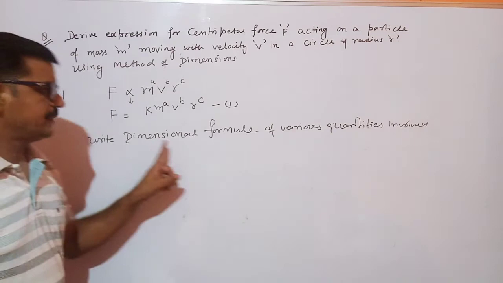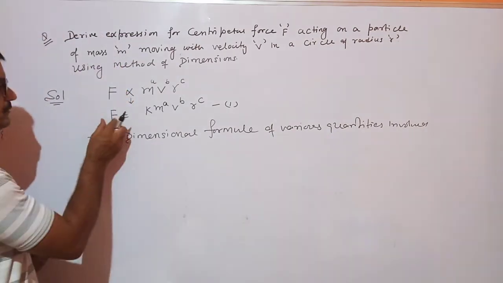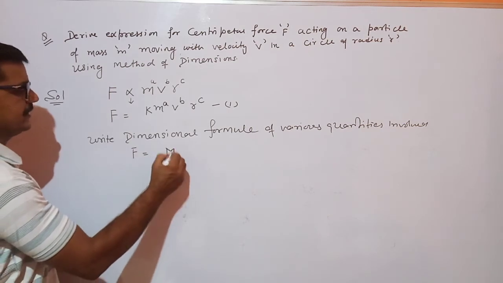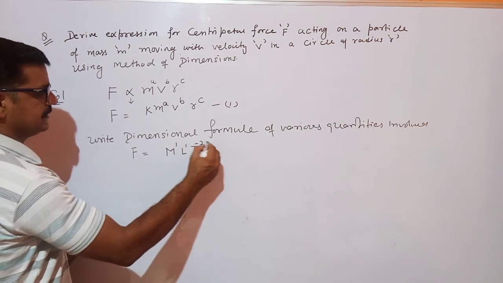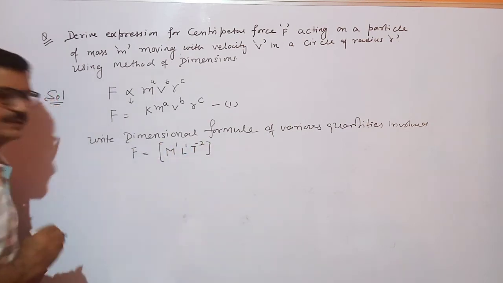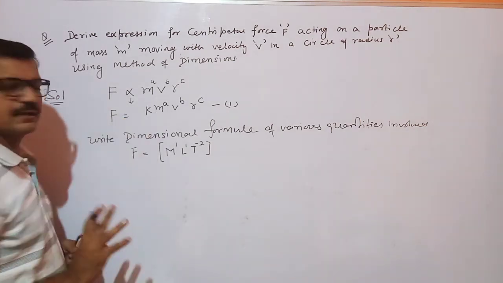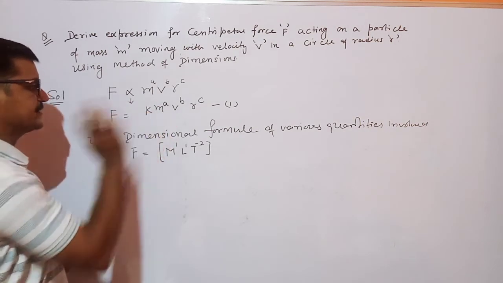So write the dimensional formula of various quantities involved, and you know this is force. So force has the dimensions of m power 1, l power 1, and t power minus 2. These are the dimensions of force. Now k we don't know, it is a constant, so we don't write the dimensions of k.